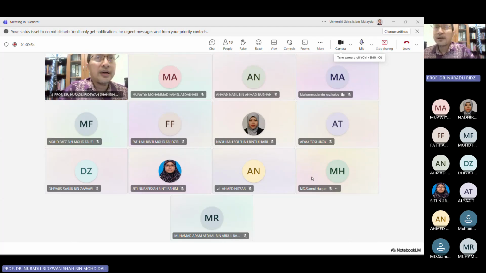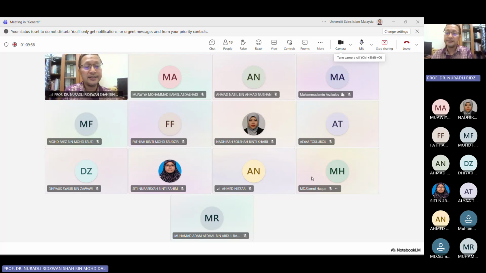So the banks became less strict in terms of approving the loan, the housing loan. So someone who is not working also can buy a property.